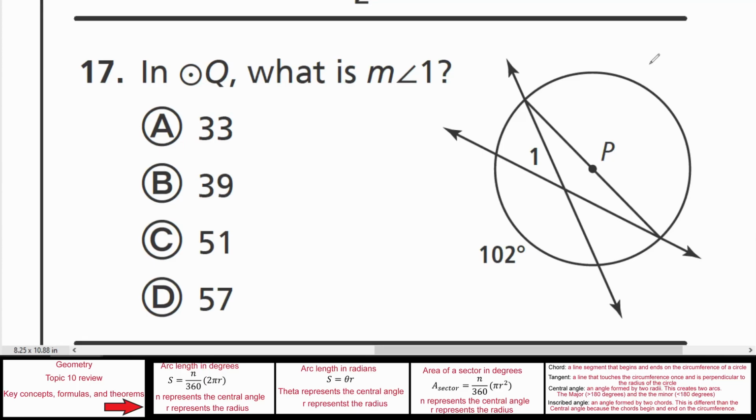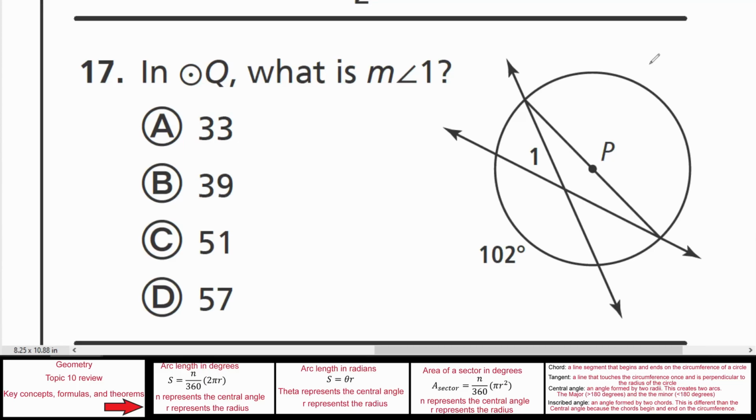So before I even start talking about anything, we have a diagram that has a chord, 2 secant lines running through it. We have an arc measure of 102 degrees, and we have an angle marked 1. We don't have a lot of information here.